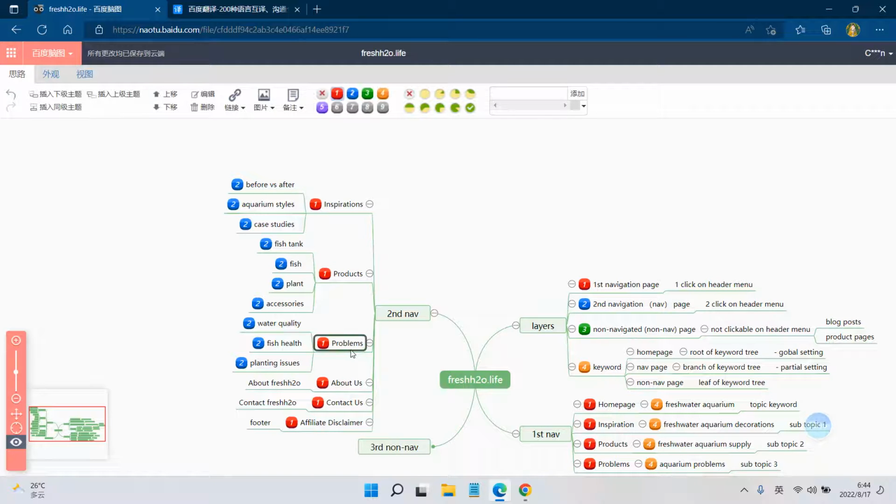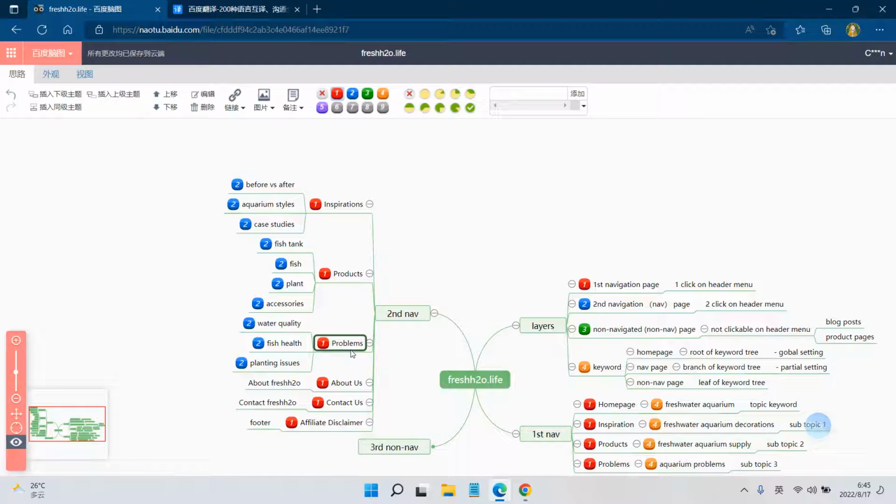So then the third part will be the problems. This will be a lead generation part. I mean that when people set up a tank and meet a problem, something like water quality control, you need to help them.